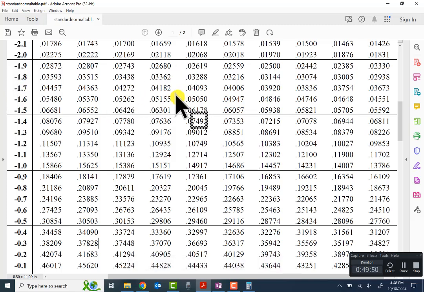Now I'm looking inside of the table. I want to get as close to 0.2 inside of this table that I can get. So if you look here, I can make a mark here. This is very close. 0.2 is in between those two.